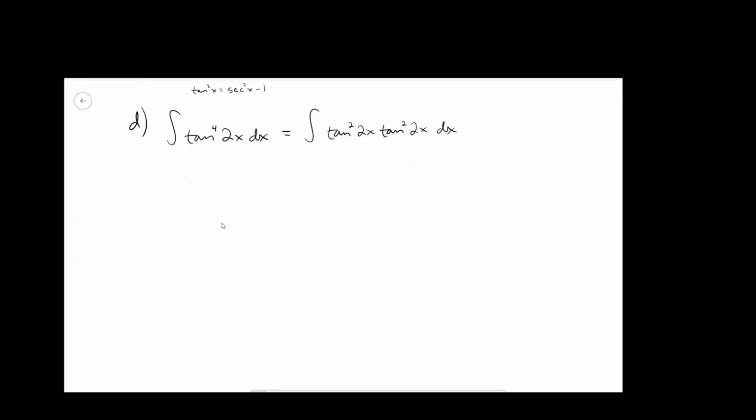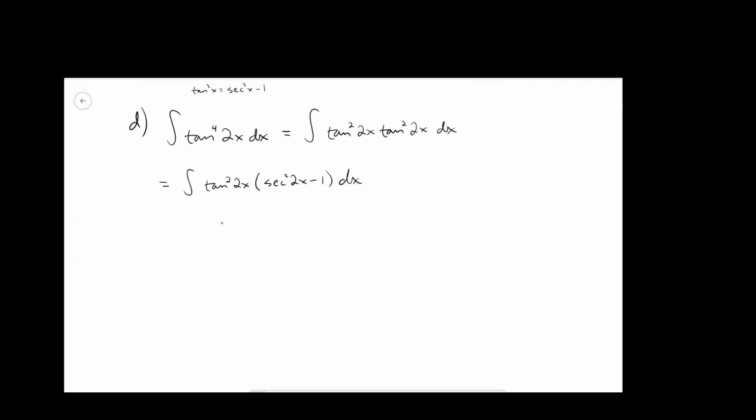And so what I can do here is change this now to be tan squared 2x times secant squared 2x minus 1. Now, something that we need to just remember for integrals of trig functions, there's a couple out there that are just right away. We don't have to worry about anything, even substitutions. What am I talking about?